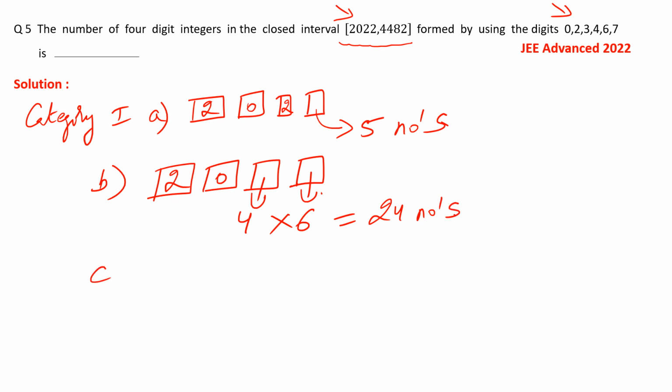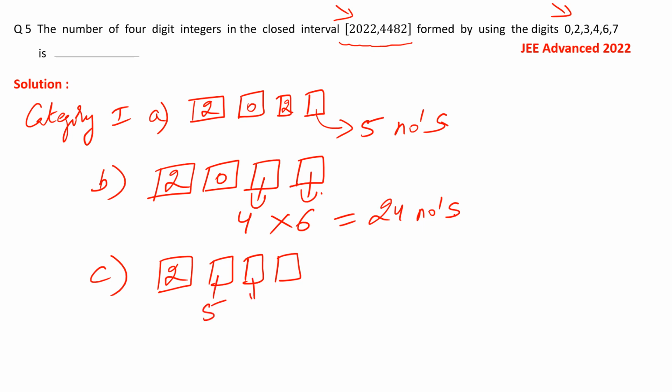Fine. Now we move to the third subcategory. Again, I am fixing the first digit as 2. But this time, the second digit is not going to be 0. It can be either digit among 2, 3, 4, 6 or 7. Fine. So that means this particular digit can be filled in 5 ways.